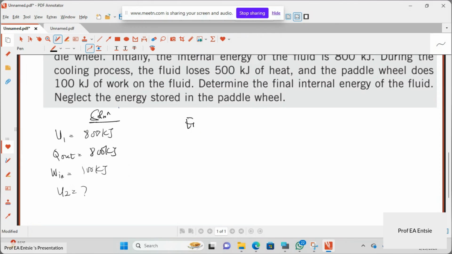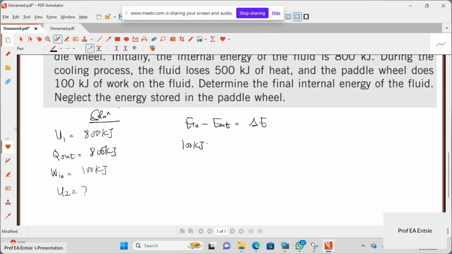So we say E in minus E out should be equal to change in E. Let's add all the energy inputs, which can be work input, heat input, or mass flow rate input. But there is no mass flow rate here, so it will be only heat and work. For work input, I have 100 kilojoules.